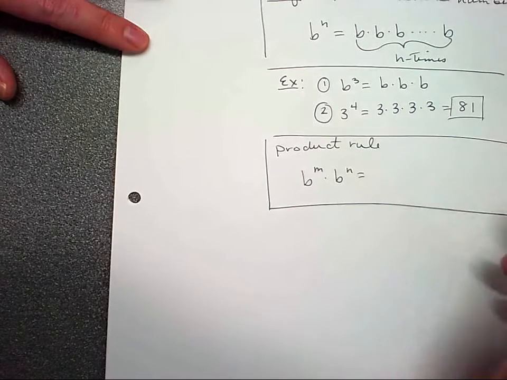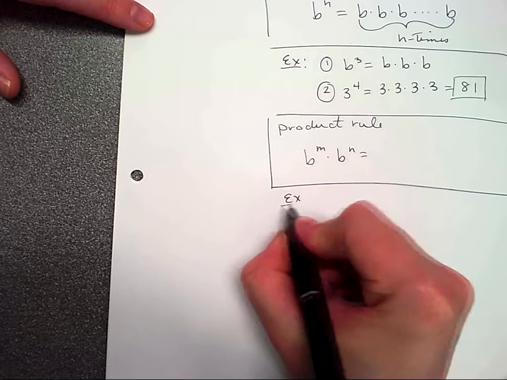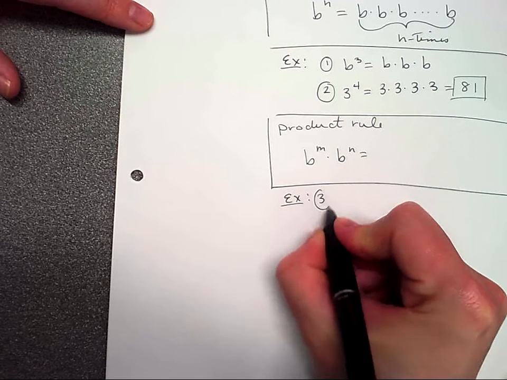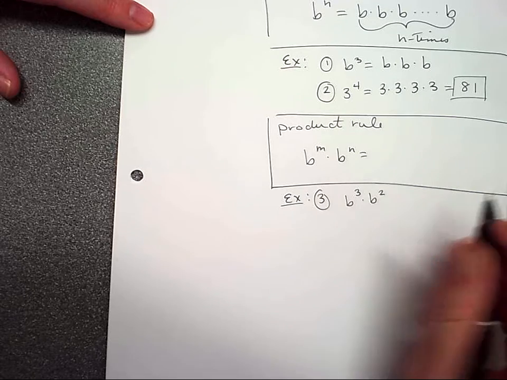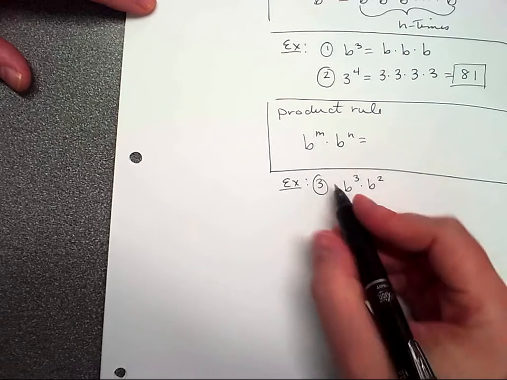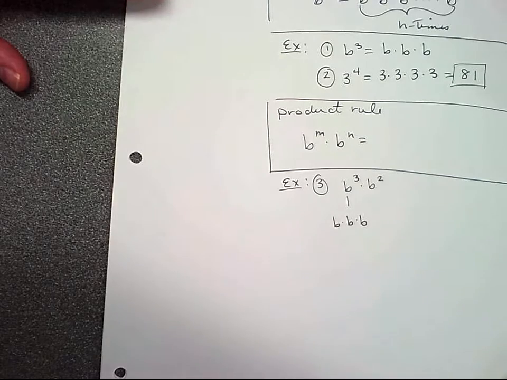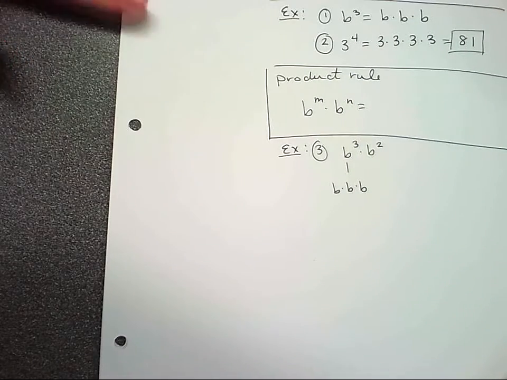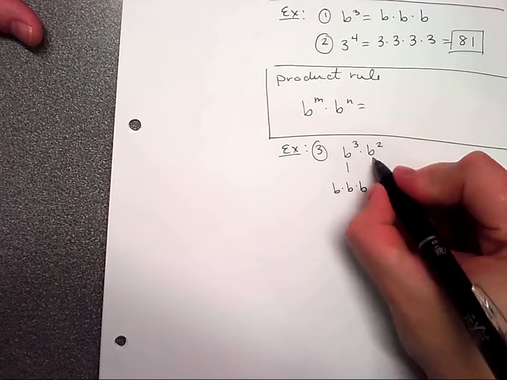Let's say I can't remember the product rule, but I know the definition. Let's say I have b to the 3rd times b to the 2nd. Well, b to the 3rd equals b times b times b, just from the definition of the powers, right? And b squared is b times b.